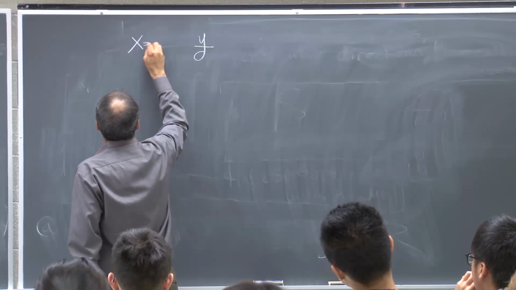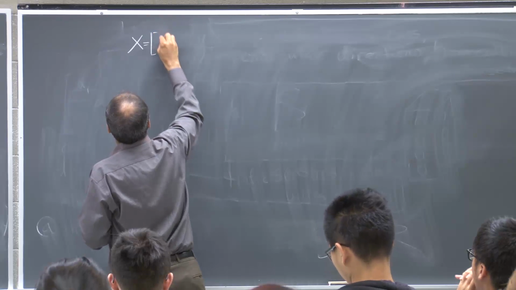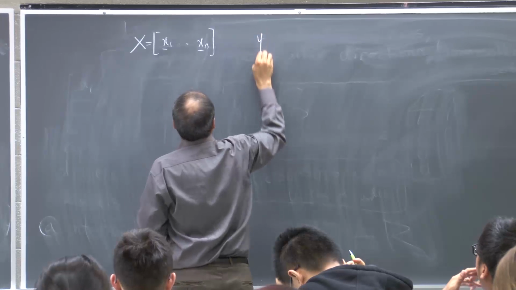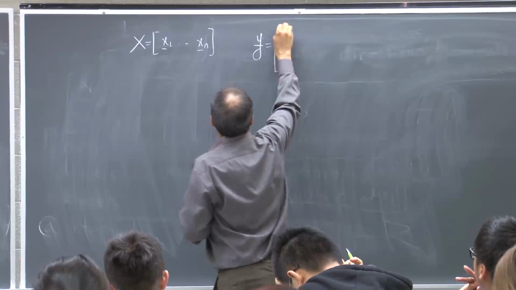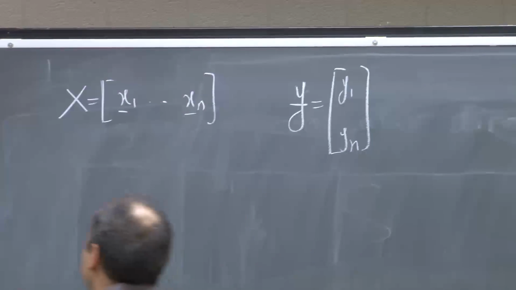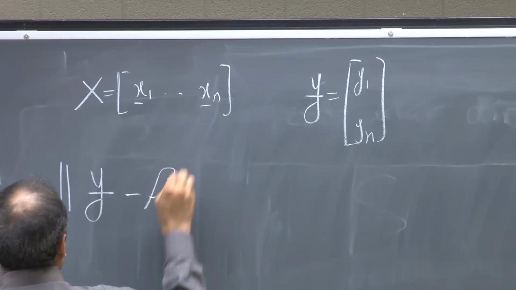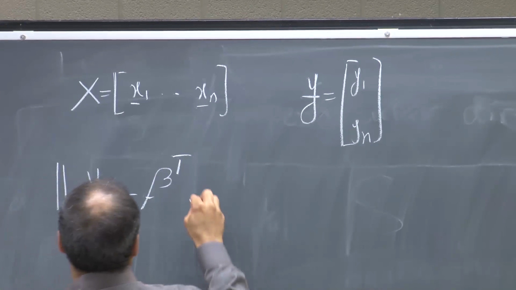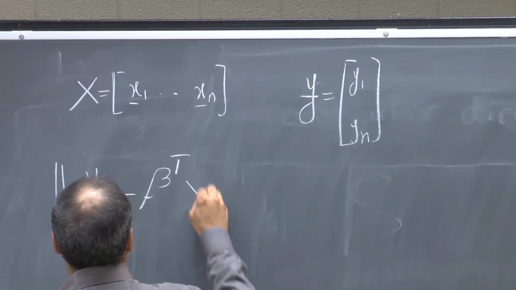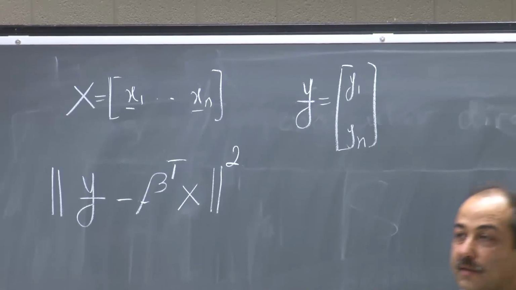And this X is basically X1 up to Xn, and then I have Y, which is Y1 to Yn. So I can simply minimize this, and find beta, least square.